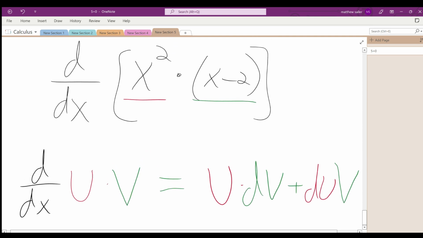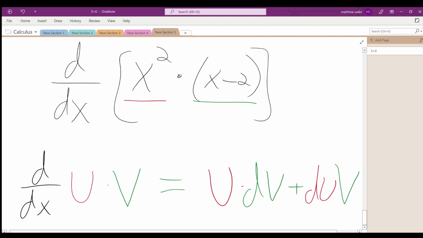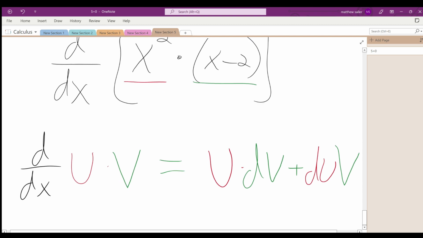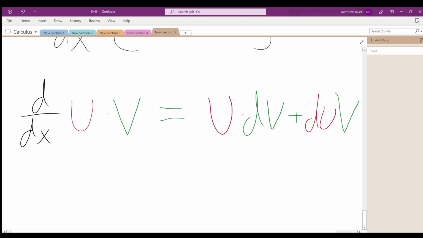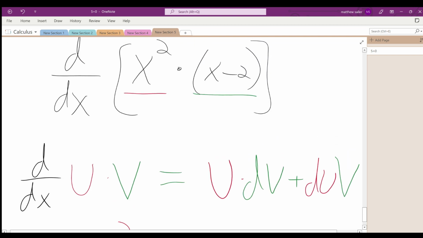Alright, so let's plug in our u's and our v's and our du's and our dv's. So first thing is u. So u is x squared. So this is going to equal x squared times now dv. So again, dv means derivative.